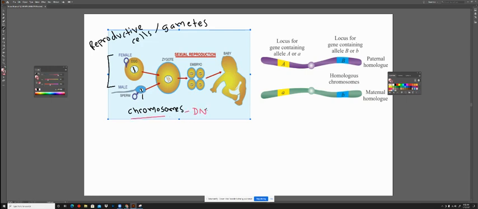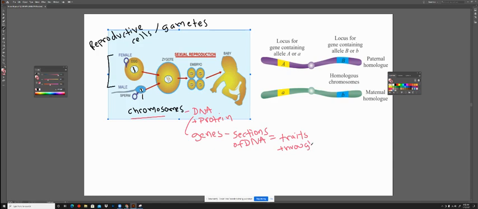They're made up of DNA and protein, and they are what contain our genes. And if you did the vocabulary and have been watching the videos, you know that genes are sections, parts of DNA, and they code for traits through the proteins.